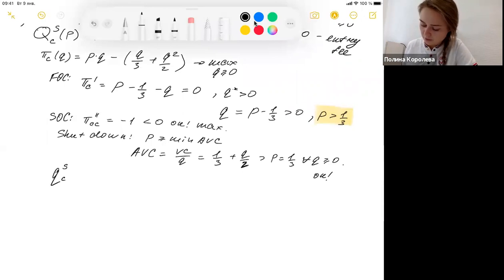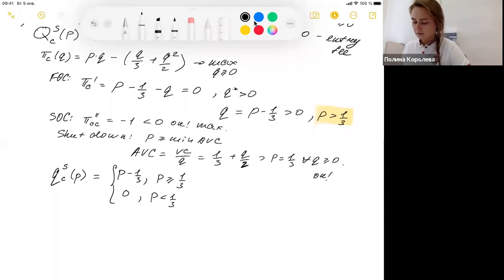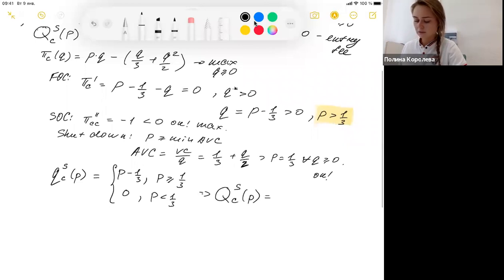So now we're ready to write down individual supply of one competitive firm. This should be price minus 1/3 if price greater or equal than 1/3. And we do not supply if price less than 1/3, otherwise. So how to find market supply? All competitive firms have the same cost function.